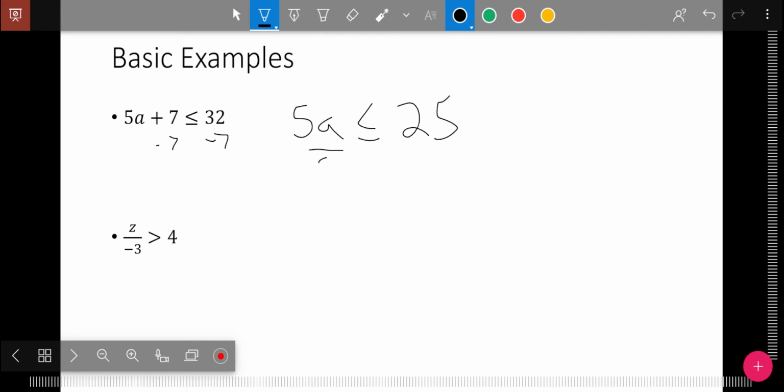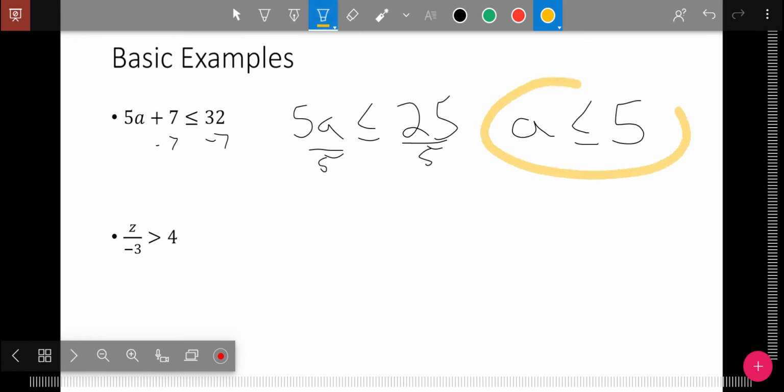And I'm going to divide by 5 on both sides. I get a, and I would say equals 25 divided by 5 is 5, but I'm going to leave the sign the same. I didn't multiply or divide by a negative, and so I am done, and this is my answer.